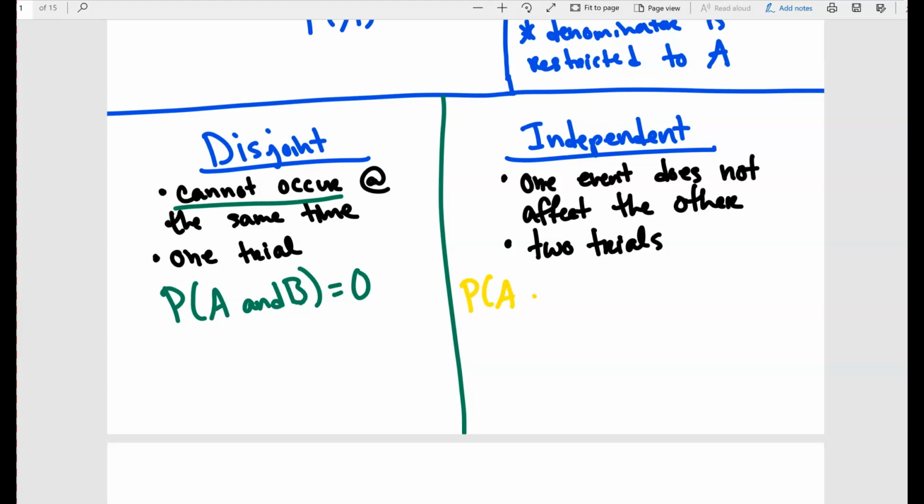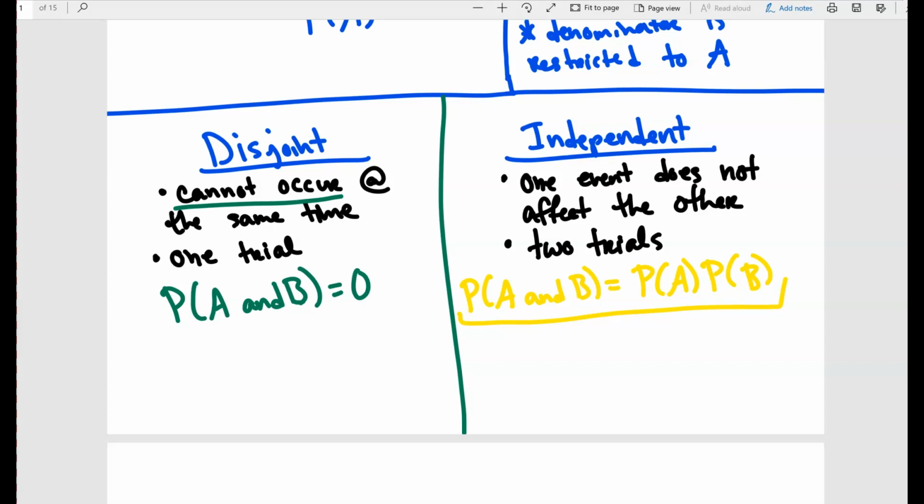Probability of A and B is equal to the probability of A times the probability of B. This you don't really need to know, but just in case you really are interested, this is how you can calculate independence. If the left-hand side is equal to the right-hand side, then they are independent.